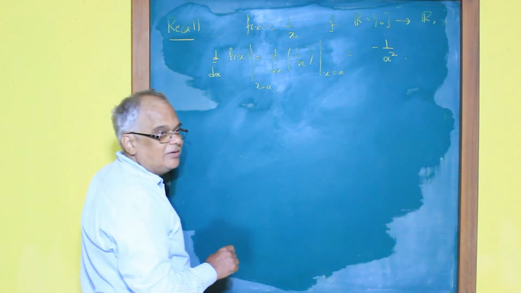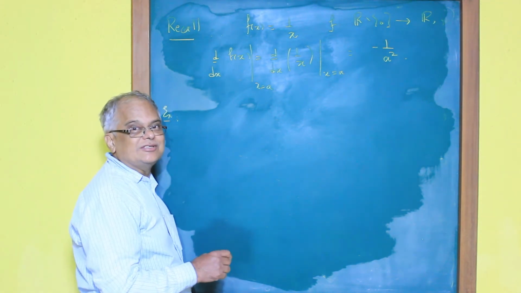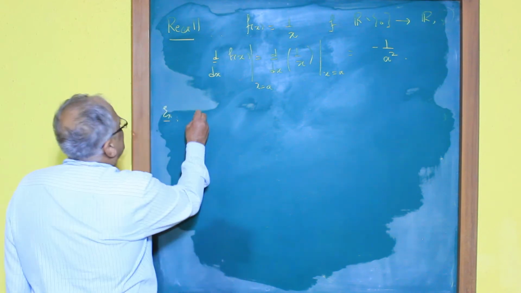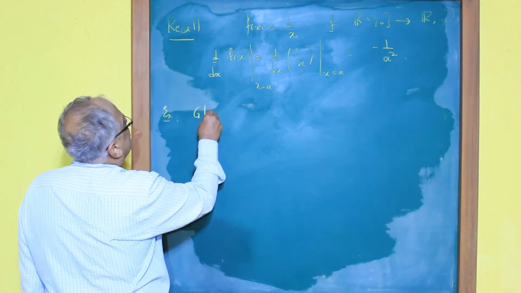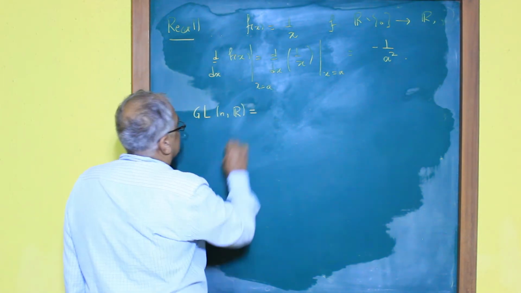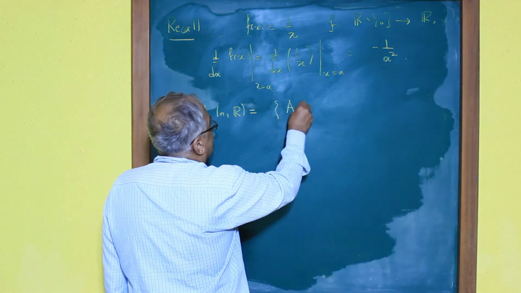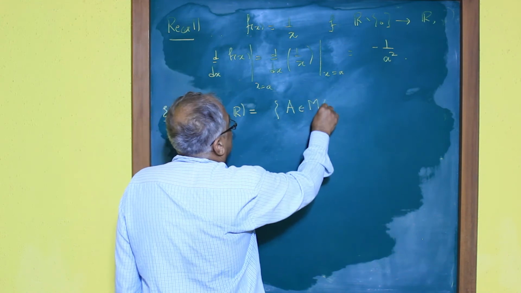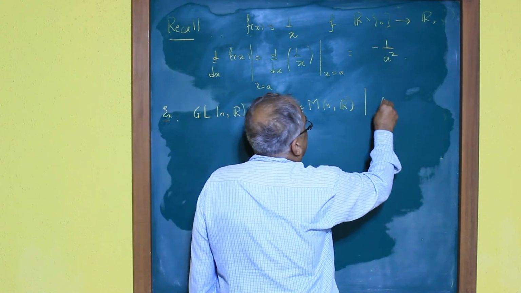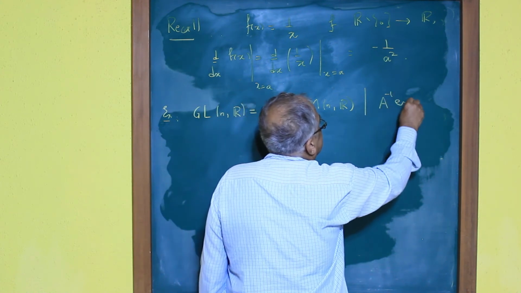This set of n by n matrices whose inverse exists is given a fancy name. It's called GL_n(R). So GL_n(R) is equal to all those A's in M_n(R), n by n matrices, for which the inverse exists.